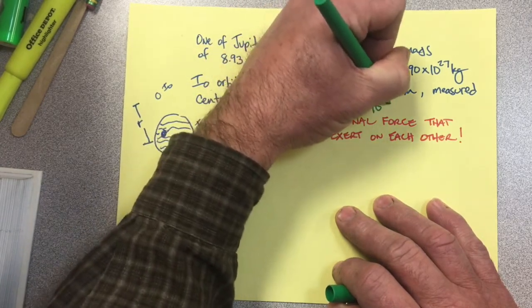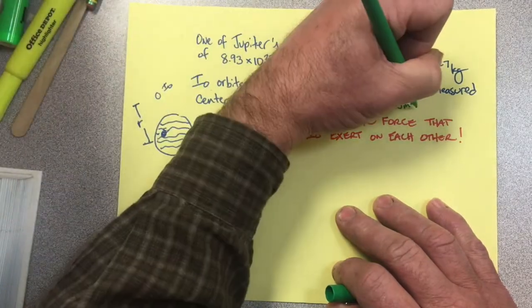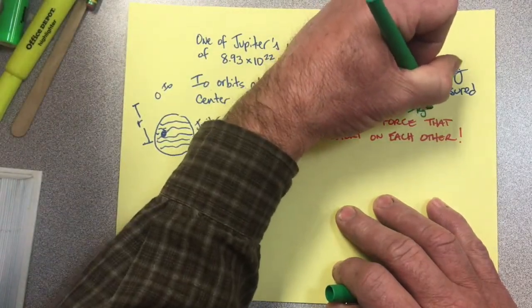But the value of G is very small. It's 6.67 times 10 to the minus 11 Newton meters squared per kilogram squared.